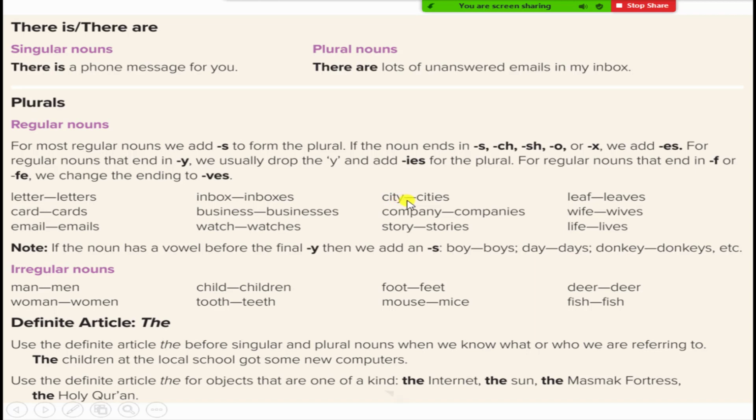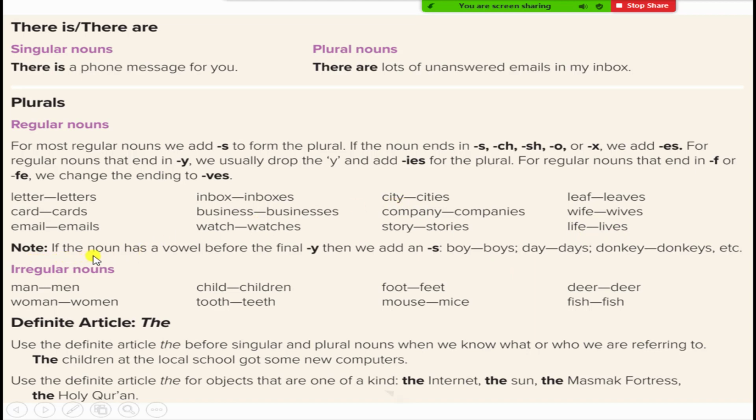Another case: if the noun ends with f or fe, we change the f or fe to ves. Example, leaf, leaves, wife, wives, life, lives. Okay, these are the regular nouns.